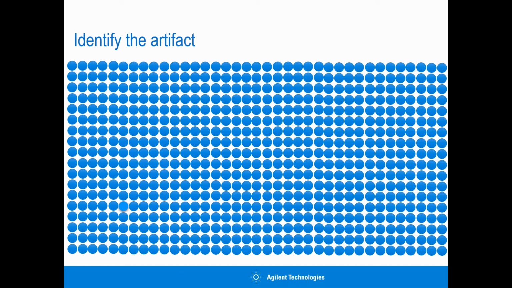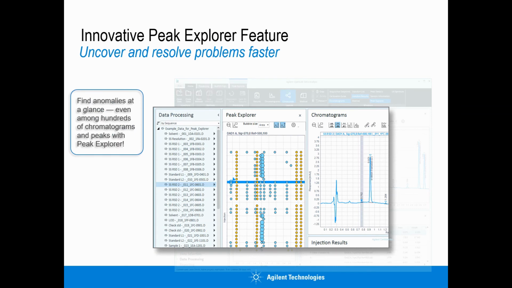Here you can identify there is one ball which is out of specs, and that is very easy to identify. How can you use this in the OpenLab software? There is a feature called Peak Explorer, which is very innovative, where you can review hundreds of samples very quickly and say sample number so-and-so is out of specification, and you can see the bubbles.